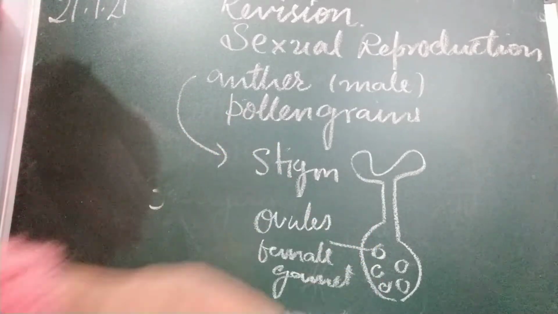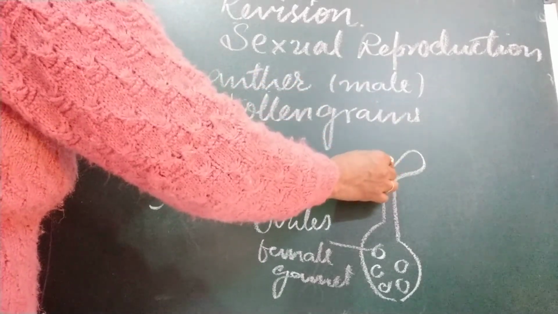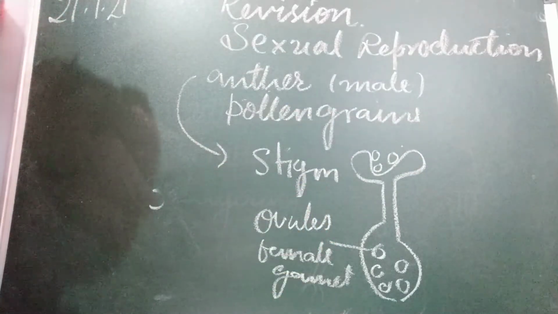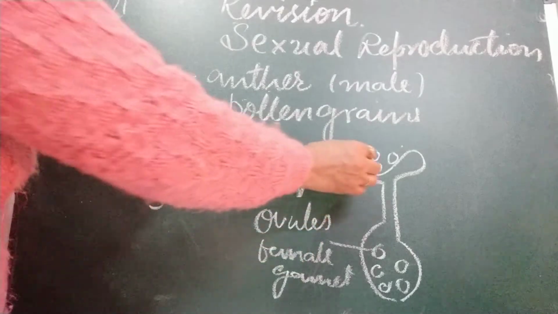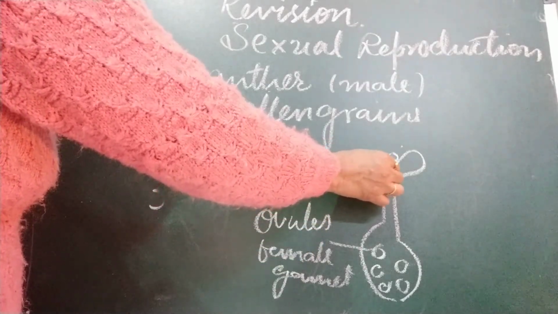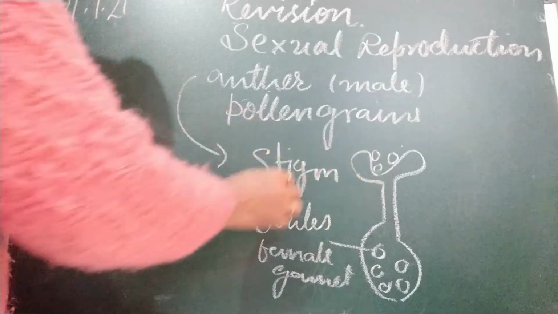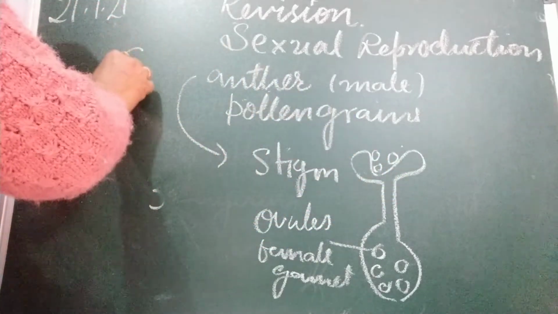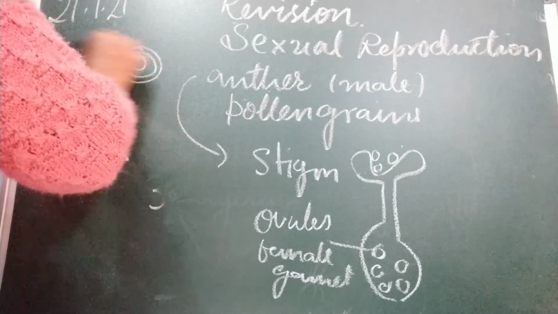What happens after pollination? The pollen grain drops on the stigma, which secretes a kind of sugar that dissolves the outer wall of the pollen grain. It develops a tube. There is an outer wall and an inner wall, and inside is the male gamete.